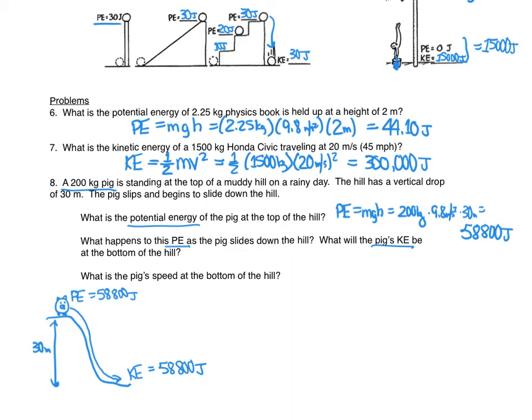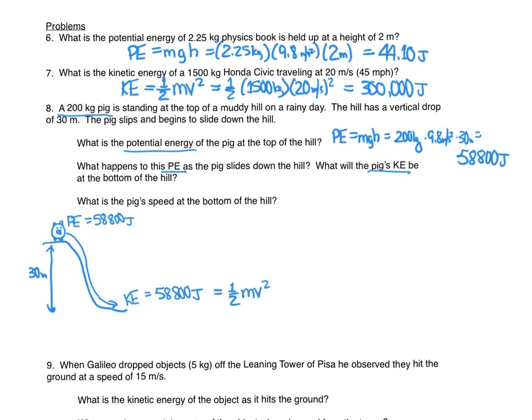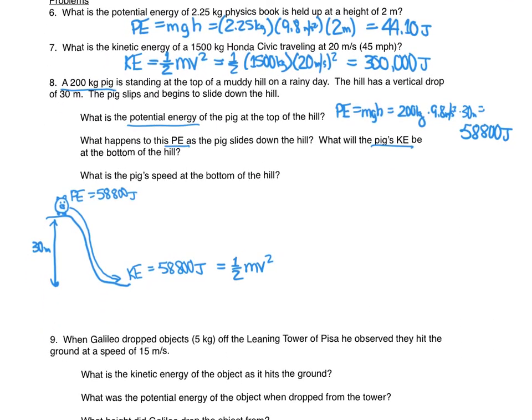So what's the speed at the bottom? Well, 58,800 joules of KE equals 1/2 mv squared, which is 1/2 times the mass of the pig, 200, times v squared.